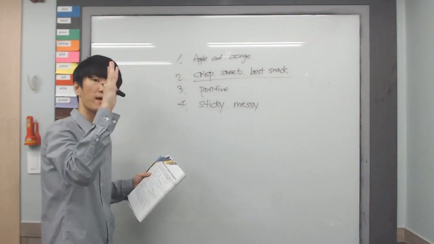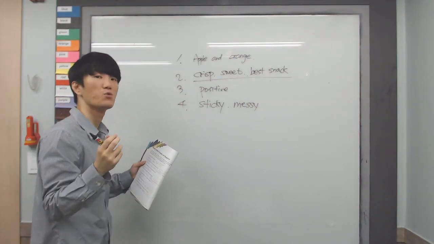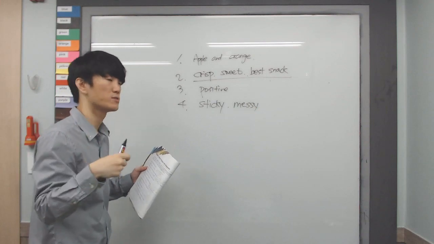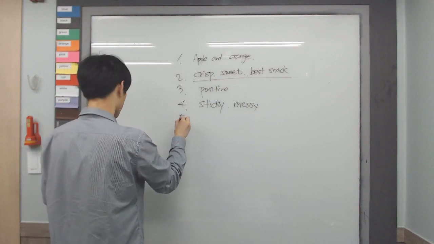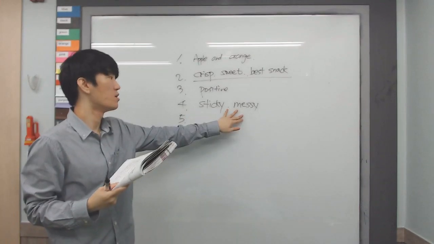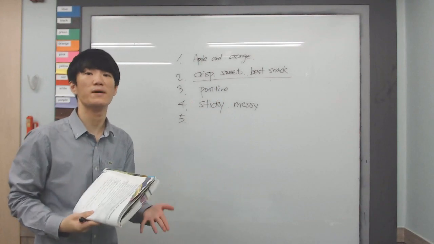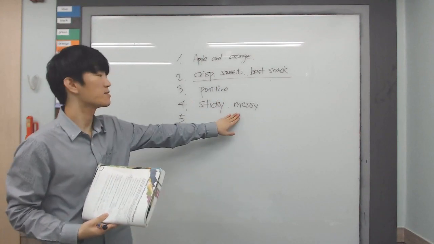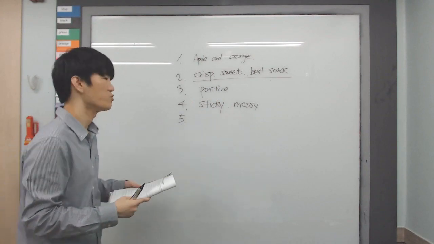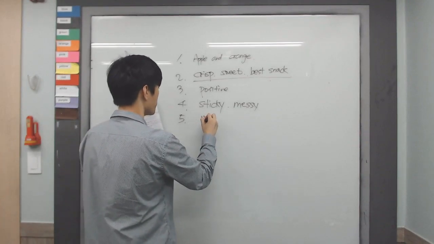This is about your hand. Your hands get messy when you eat an orange. So these words, positive or negative, good or bad? This is bad. You have to wash your hands. So negative.